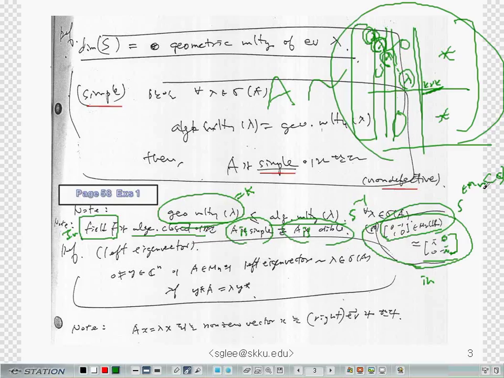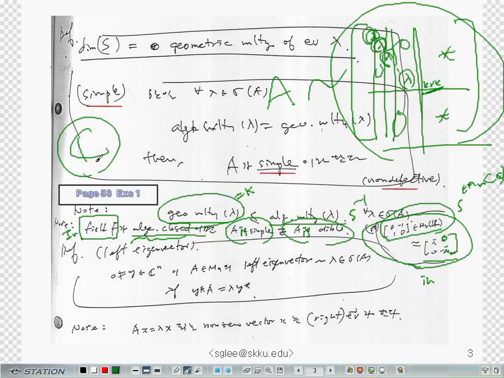So anyway, since we will talk about matrices over a field which is algebraically closed, we start with the underlying field C from the beginning, and we will extend it to a general algebraically closed field.